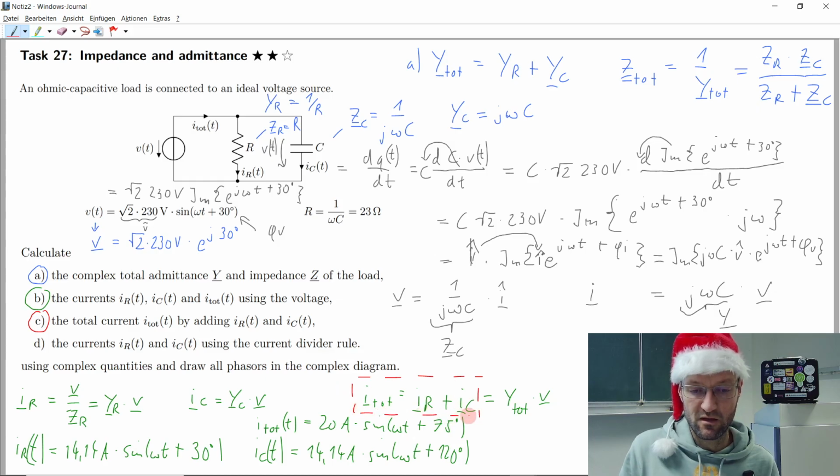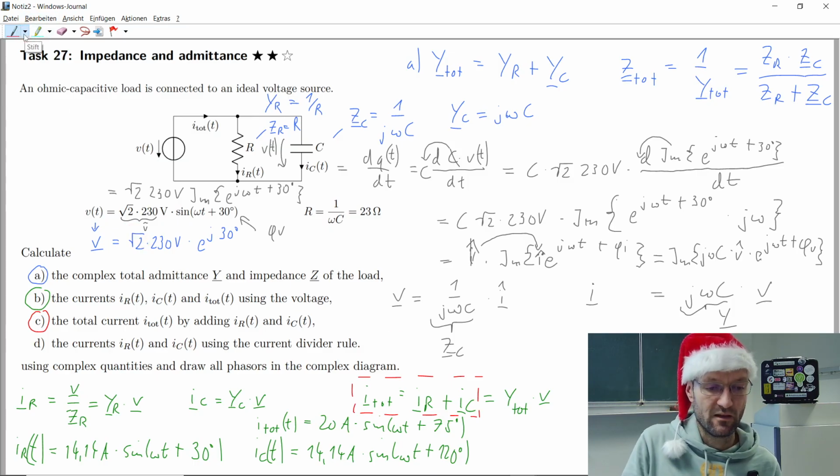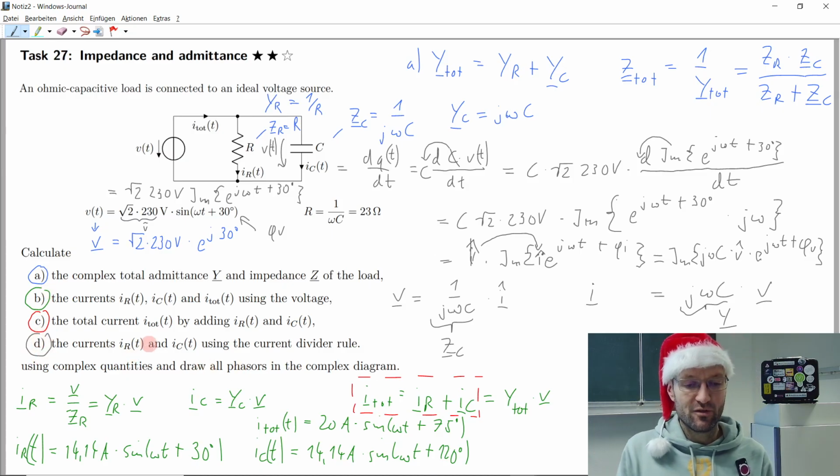And then we can think about the very last task, and I will maybe use gray for this. If we have the total current calculated right now, how could we get the individual currents using the current divider rule?